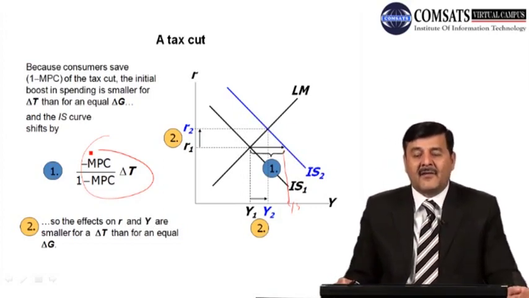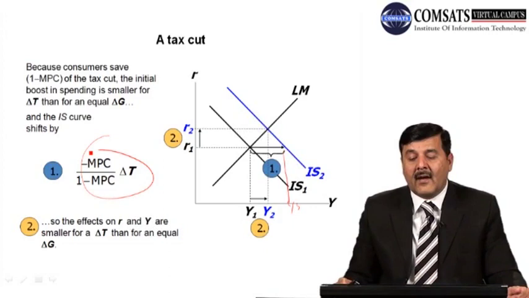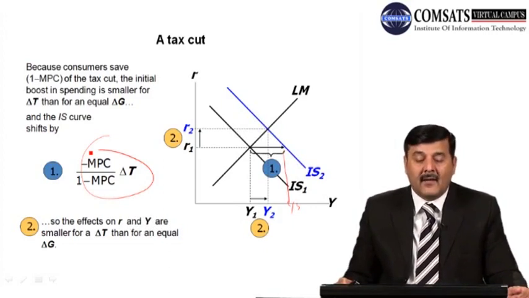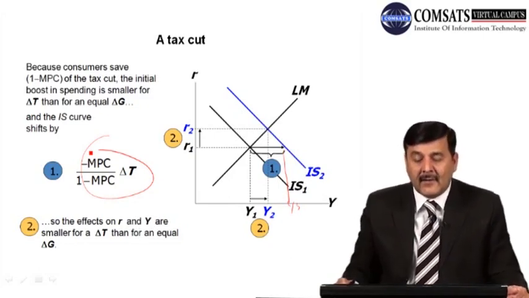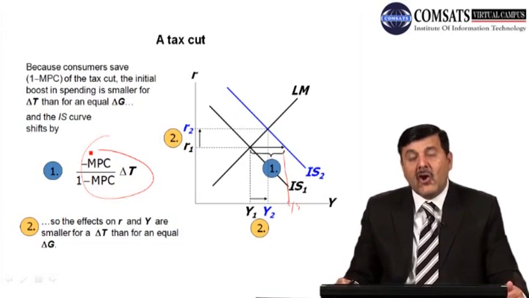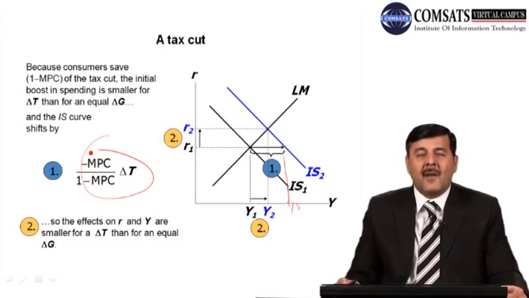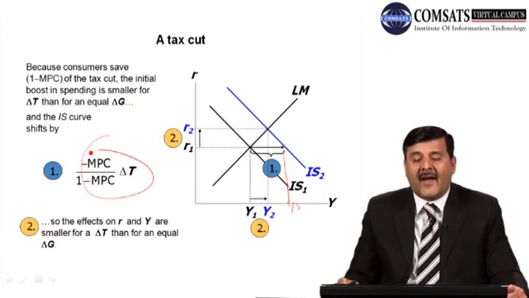At the initial rate of interest, the income level is Y1, but this affects the demand for money also, the rate of interest goes up, and income goes up from Y1 to Y2 instead of Y3. Again, the final change in income is smaller than the initial change in income due to the tax cut.